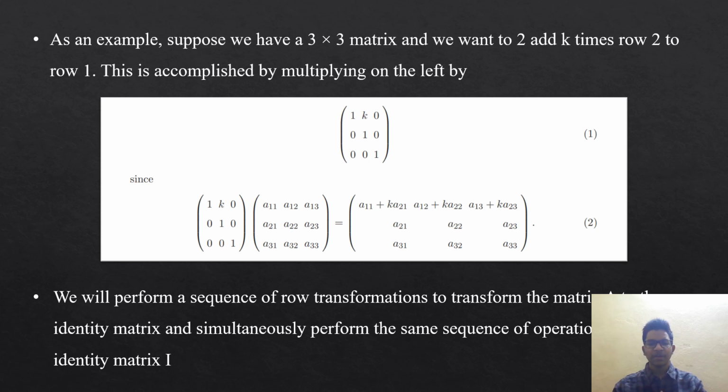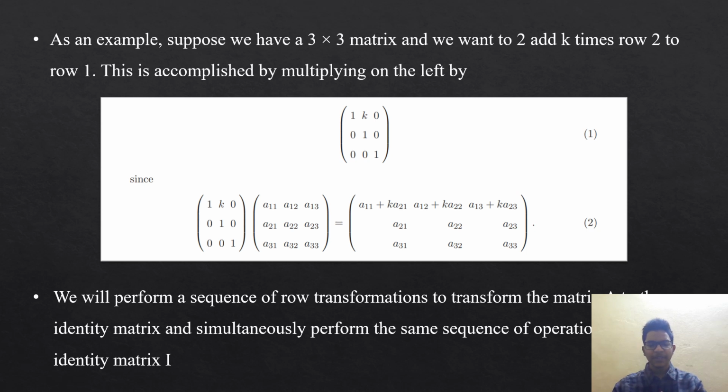Multiplying by the matrix with entries a11 a12 a13, a21 a22 a23, a31 a32 a33, we get the matrix with first row a11 plus k a21, a12 plus k a22, a13 plus k a23, and the other rows unchanged.